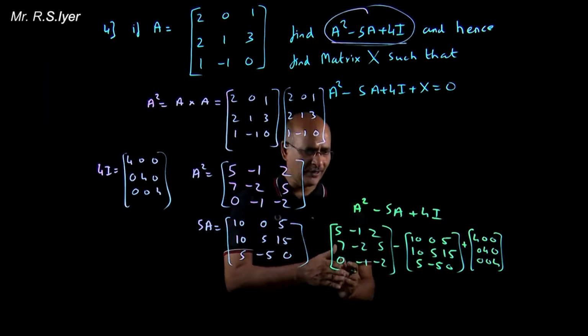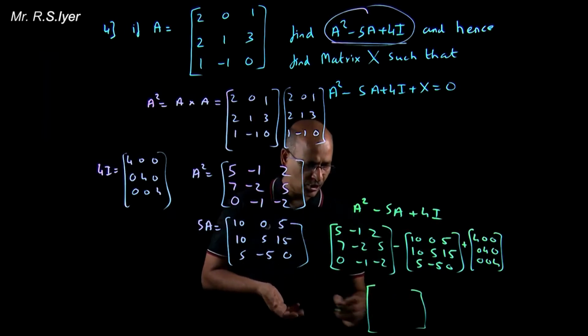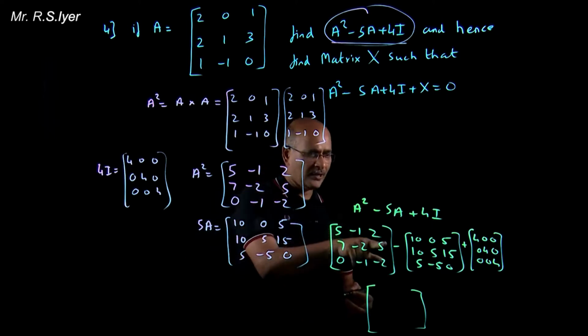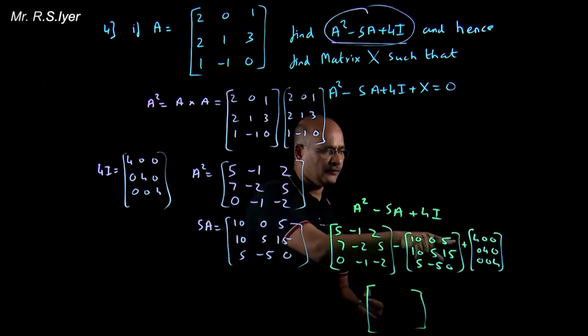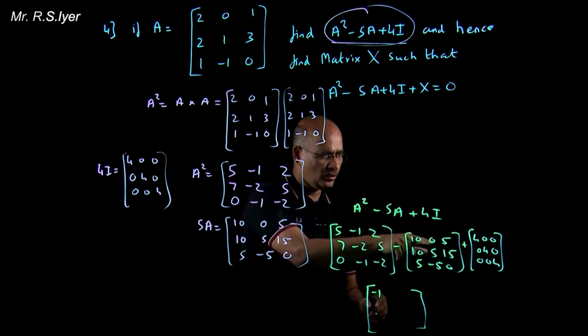So, you can just simplify this now, directly you can get the answer in this case. This operation will be 5 minus 10 is minus 5 plus 4, minus 1; minus 1 minus 0, 0.